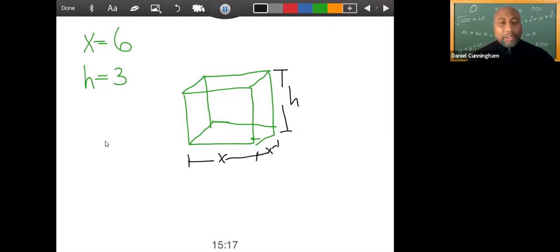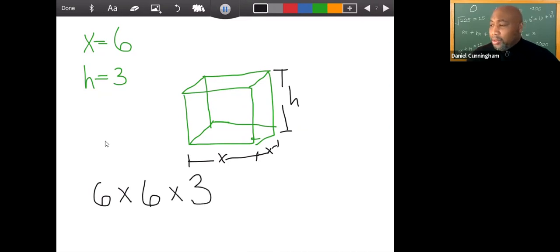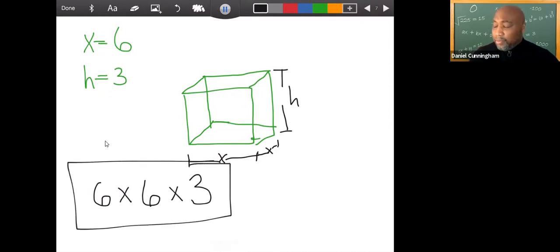What would be the maximum dimensions? It would be 6, the length, times the width, those are the two x's, times the height, which is 3. That will be our dimensions right there. And if we want to find the maximum volume, we just multiply those values. So it's really 18 times 6 in our case.